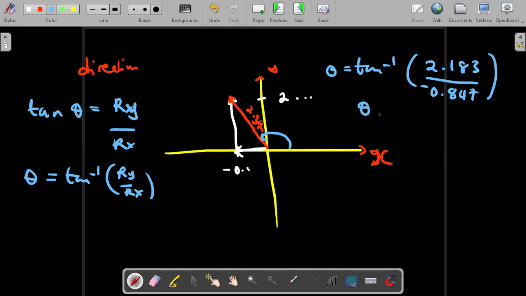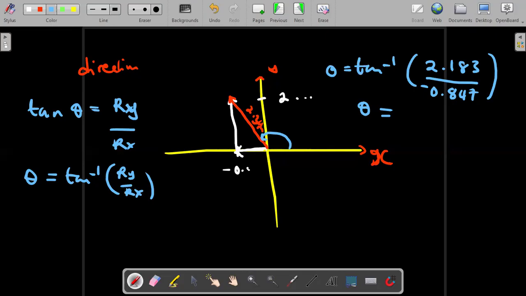So tan theta is now going to be, I can compute that and place that: 2.183 divided by negative 0.847, like that. And I'll just get that it is equal to negative 2.47733.